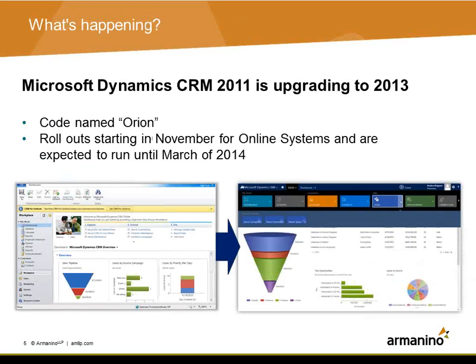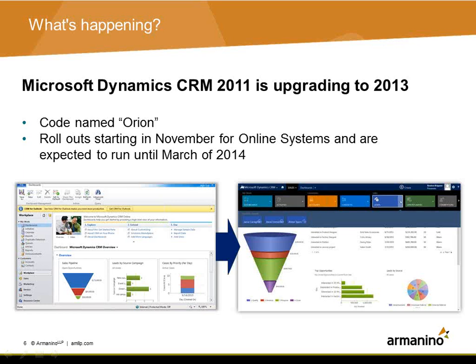All right, so let's talk about what's happening. Microsoft Dynamics CRM 2011 is being upgraded to 2013. Those of you who've been a little geekier than the rest of us may have been following the progress of this, and up until now it has been given the code name of Orion, and now it's officially called CRM 2013.